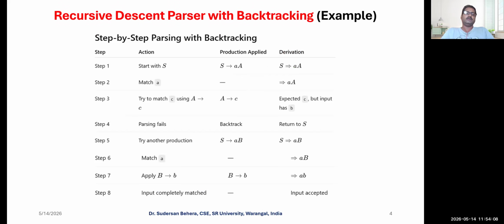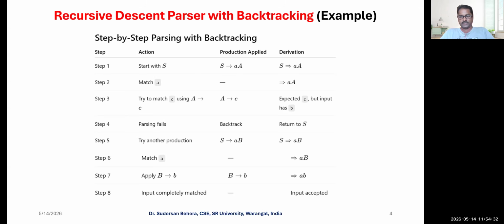Here you see step-by-step parsing with backtracking. Step 1, the action is to start with capital S, because the derivation process starts with the start symbol of the grammar, capital S. The production is applied. This is a wrong production, but you and I know that, but the parser does not know.